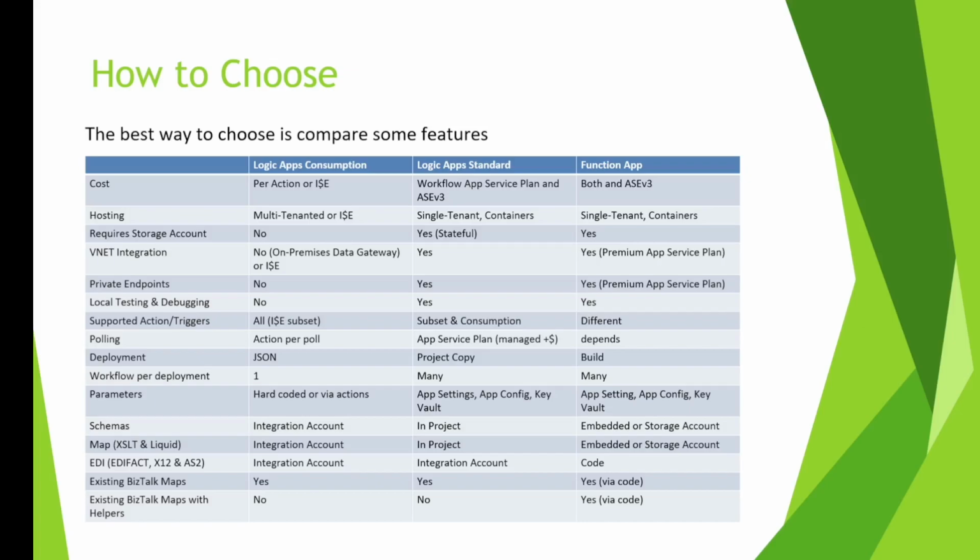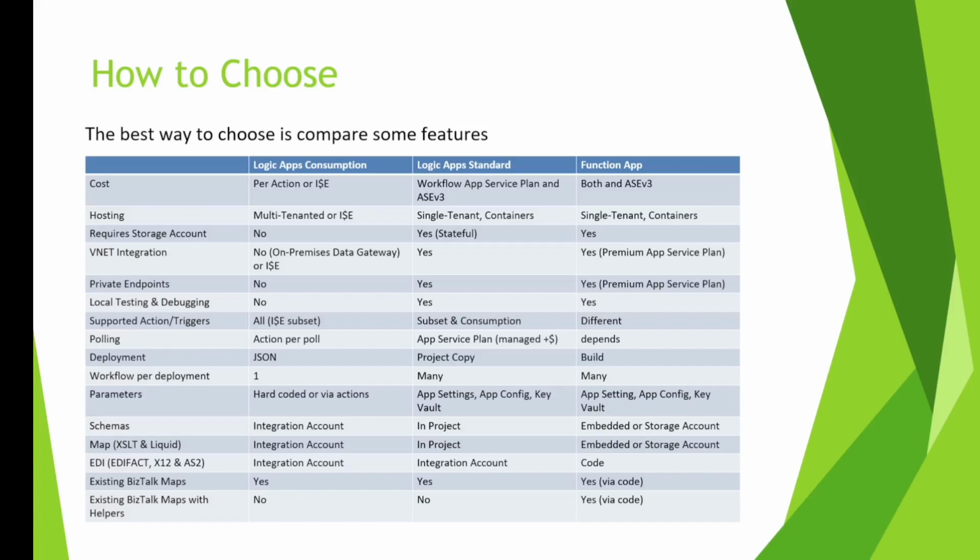Today, the three we're going to talk about start with Logic Apps Consumption. This is the original version of Logic Apps, where you create a Logic App, deploy it into Azure, and it runs on the Logic App runtime. So you don't have to deploy the runtime or anything. You just deploy your Logic App and it runs. You pay per trigger, per action.